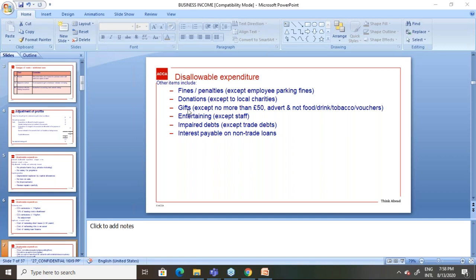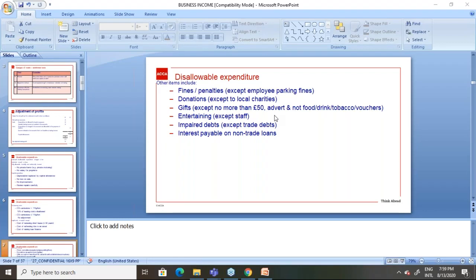Then when it comes to gifts, if you make a gift to an employee, it's an allowable expenditure when calculating the tax-adjusted trading profit. But if you make a gift to a customer, normally it's not allowed. However, if all 3 conditions are met, then that gift to a customer is an allowable expenditure. What are the 3 conditions? The value of the gift per person per annum should be 50 pounds or less.